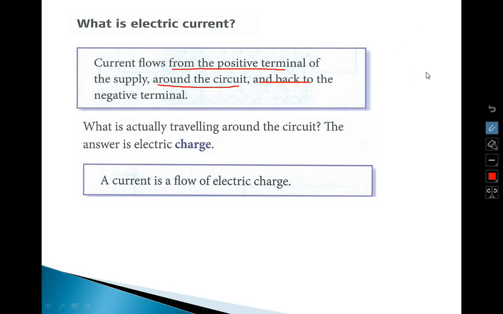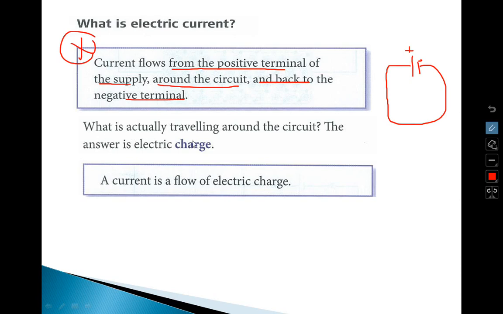It starts moving from the positive, and then moves through the circuit until it comes back to the negative. So current flows from the positive terminal of the supply around the circuit and back to the negative terminal. This is very important. Keep it in mind. Later we will need it.